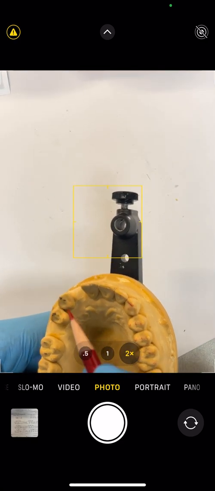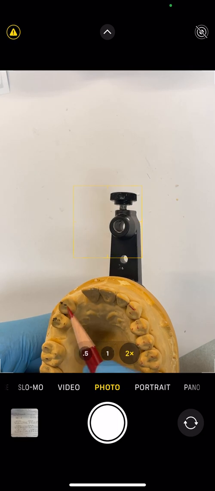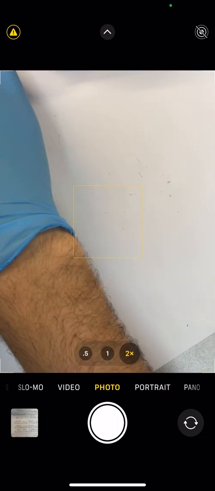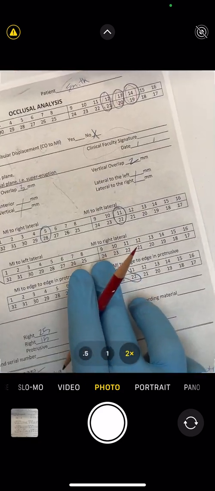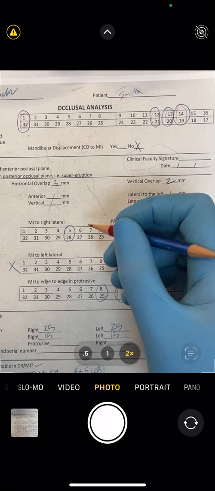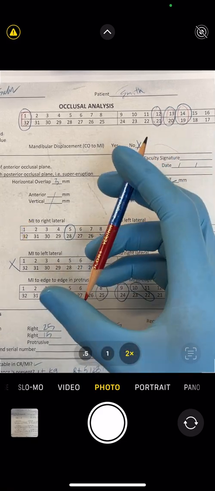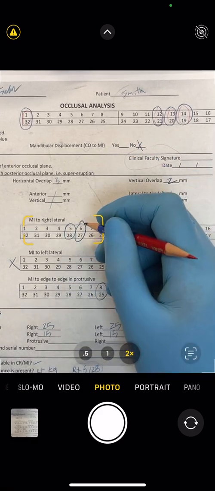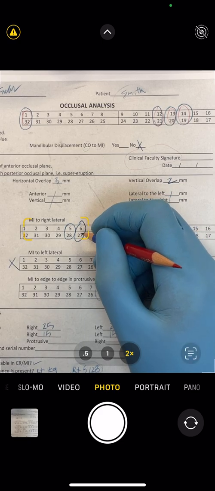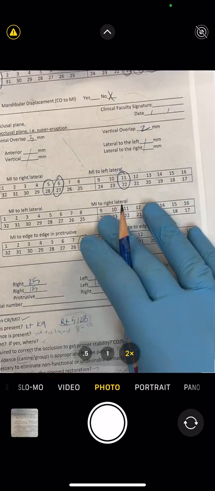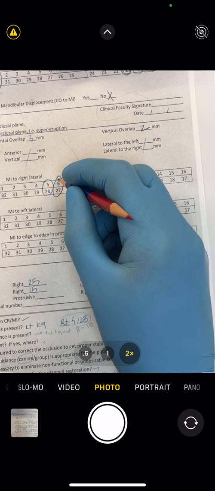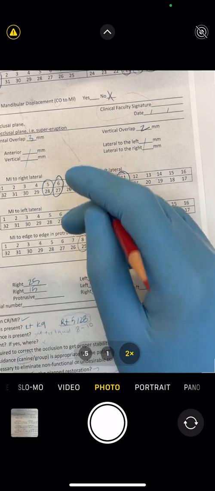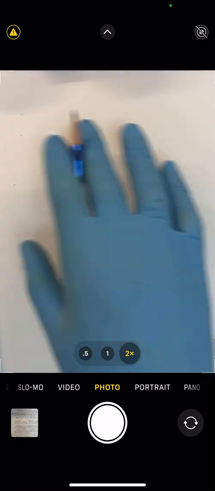See, the canine is contributing as well. So I might change my formatting here. Go back to working contacts. I think 6 and 27 are contributing at some point. But I think I will keep the guidance to the canine and eliminate any contacts on the premolar.